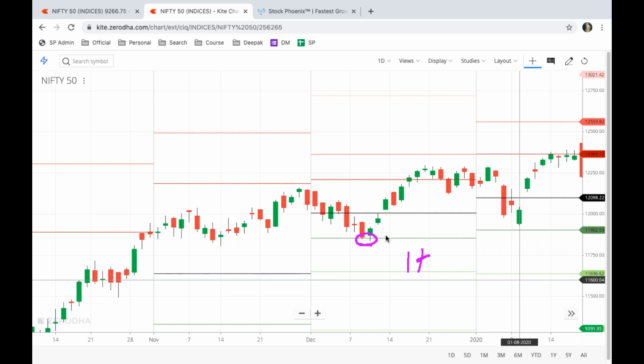We can take a deviation and consider this place as a tweezer bottom, since it is taking a support on pivot. If we make an entry at this place, the first pivot will be the first target, the second pivot will be the second target. Ideally, I have told you very clearly, there is nothing called first target, second target, but in this place you can assume a first target and second target.